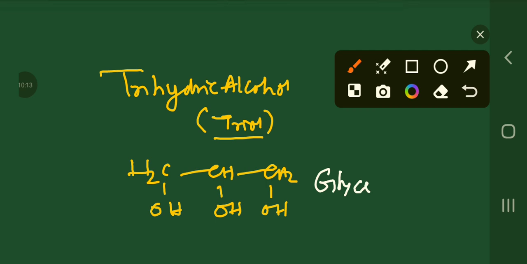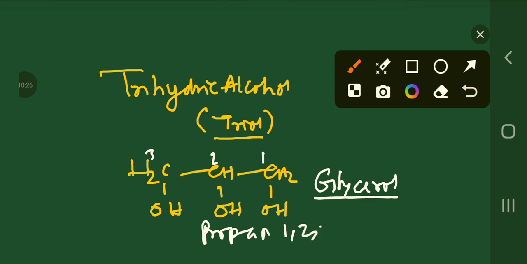It is also known as glycerol, and this is the numbering system. Propane-1,2,3-triol. So we have already classified alcohols into two categories.